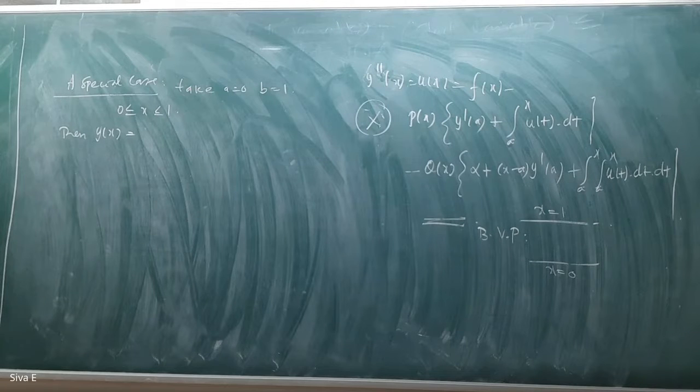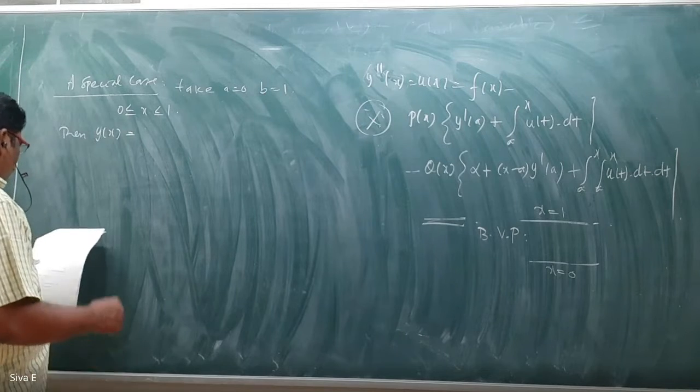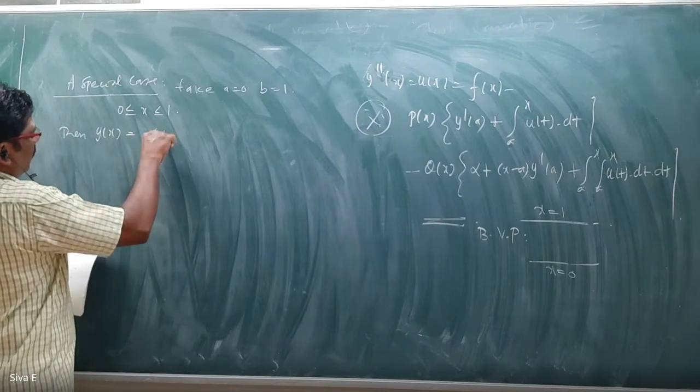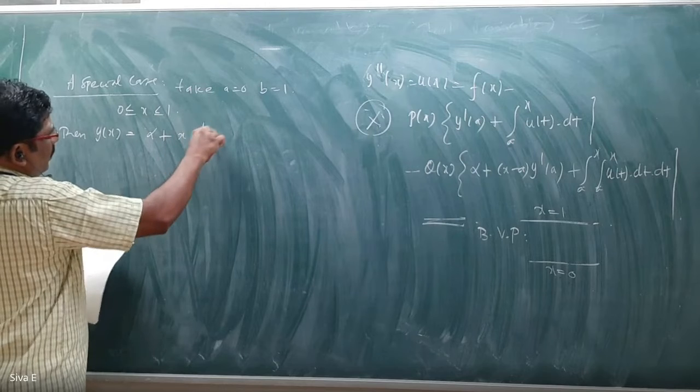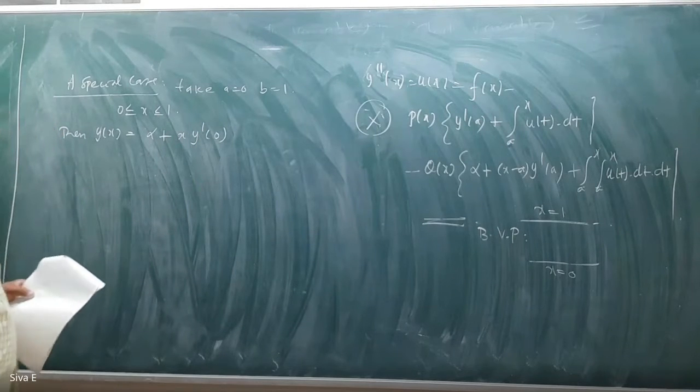Y of x formula, actually I have written here. So in the formula substitute a equal to 0 and b equal to 1. Then what you get? Y of x equal to alpha plus x y dash of 0.